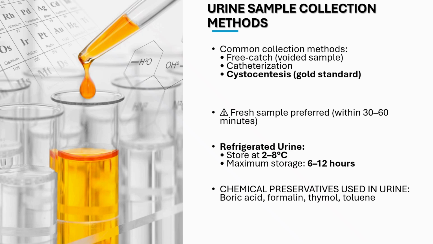Formalin preserves cells but interferes with the chemical test and is not suitable for routine urine analysis. Thymol and toluene inhibit bacterial growth but may alter biochemical results. It is important to remember that no preservative is ideal for all urine tests. Therefore, whenever possible, fresh urine examination remains the best practice in veterinary urinalysis.